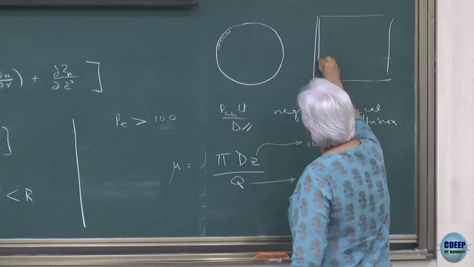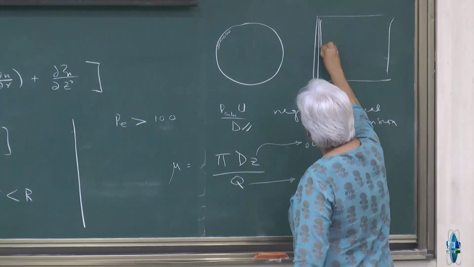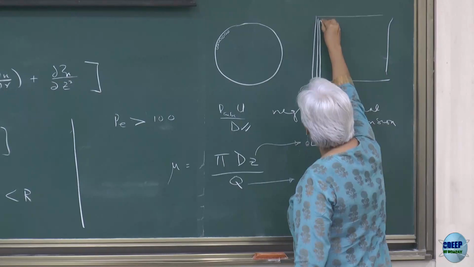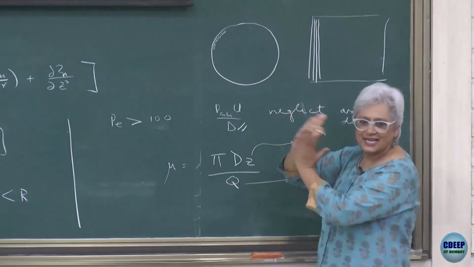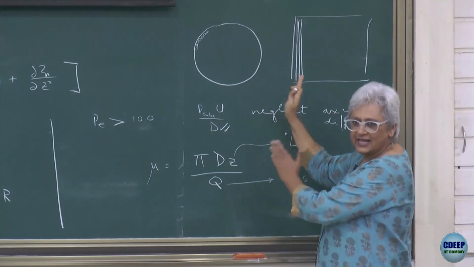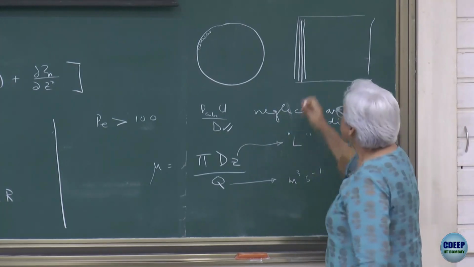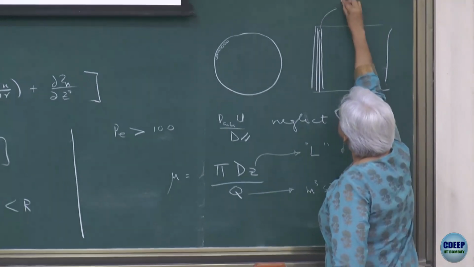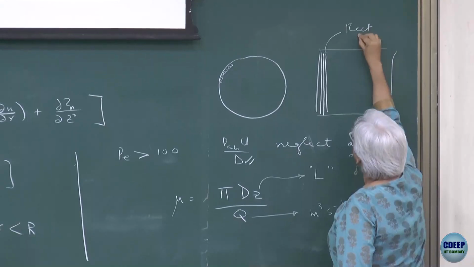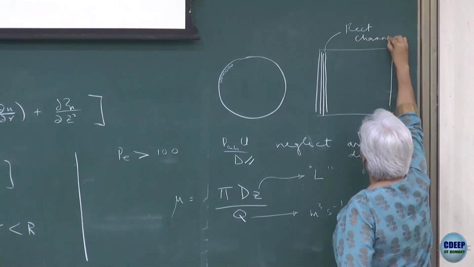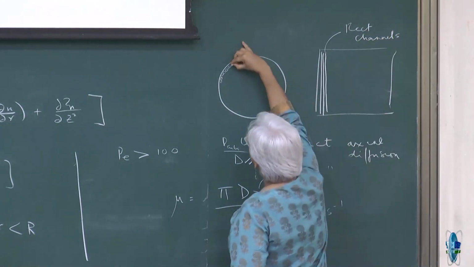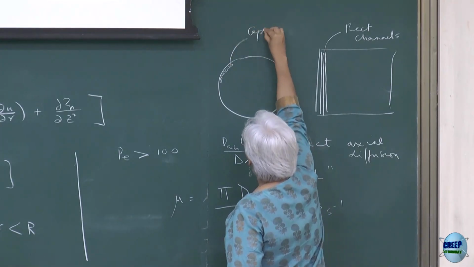And similarly for this, you will have thin rectangular channels, if you will. These will be rectangular channels, and these are almost capillary tubes.